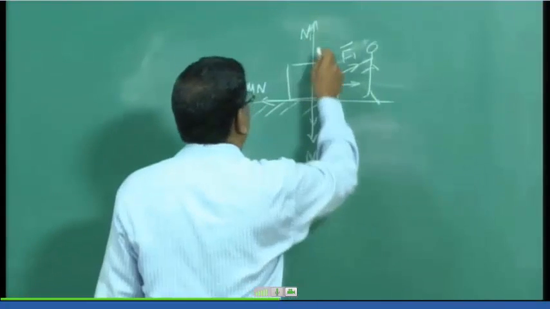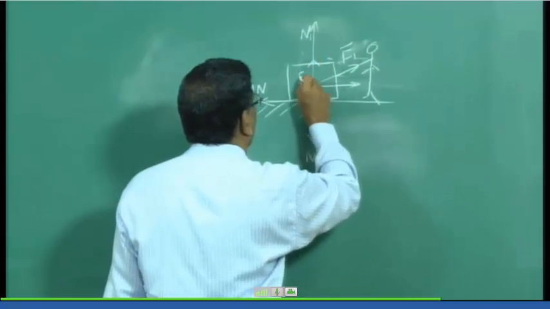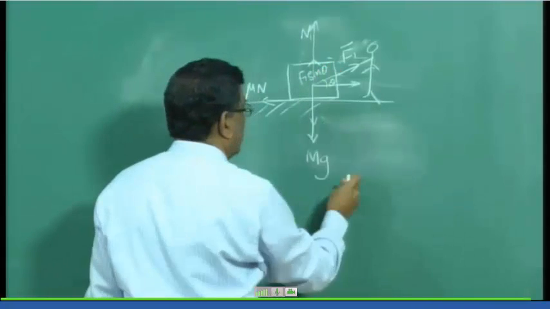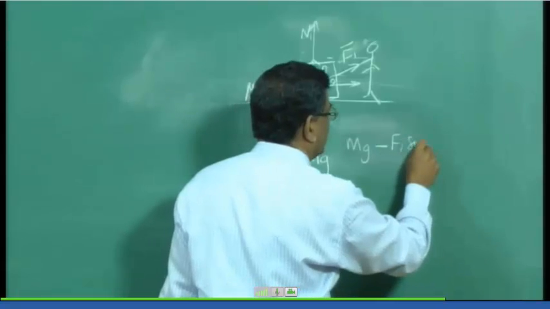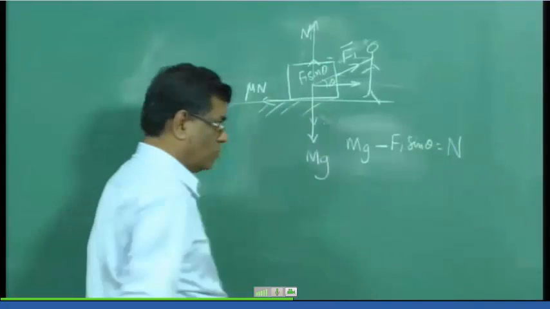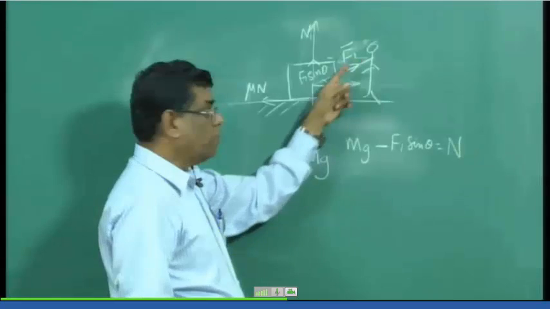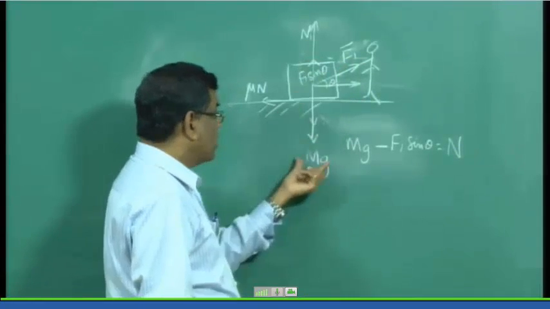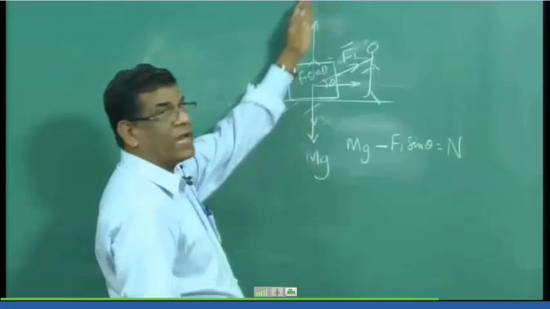So what is N? N is the component of F1. If this is theta, this is F1 sin theta. So mg minus F1 sin theta is the normal reaction. The F1 sin theta comes from my pull. I hope you see that. This is F1 cos theta, this is F1 sin theta. So mg minus F1 sin theta will be the net force here, and the reaction force should be equal to that.